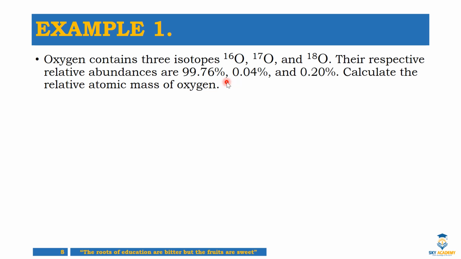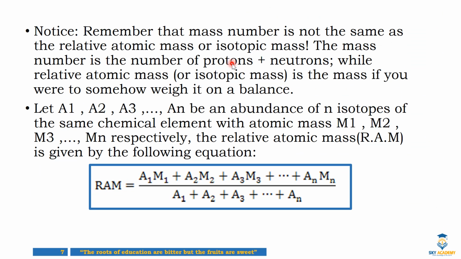Oxygen 17 is 0.04%, and oxygen 18 is 0.2%. The least abundant is oxygen 17 at 0.04, followed by oxygen 18 at 0.2, and the most abundant is oxygen 16 at 99.76. Okay, so I think you understand what abundance is.